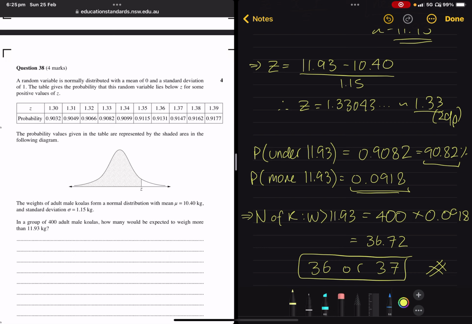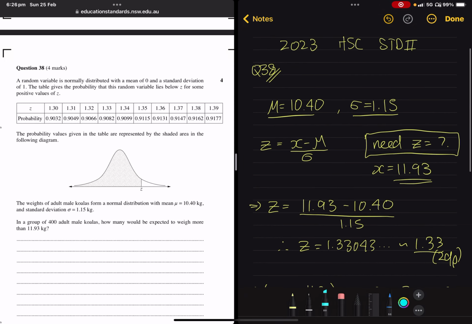But you could also argue that part of a koala is not a whole koala, so it should round down, if you were being quite stern about how the mathematics was working. So 36 or 37, and the marker notes are aware of this. The marker notes have their main answer as 36, but they will accept 37 as well. Either of these answers is possible depending on how you do it and your assumptions.